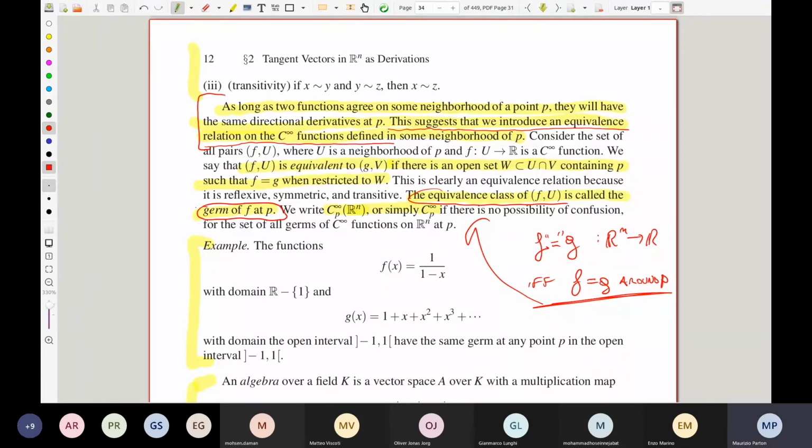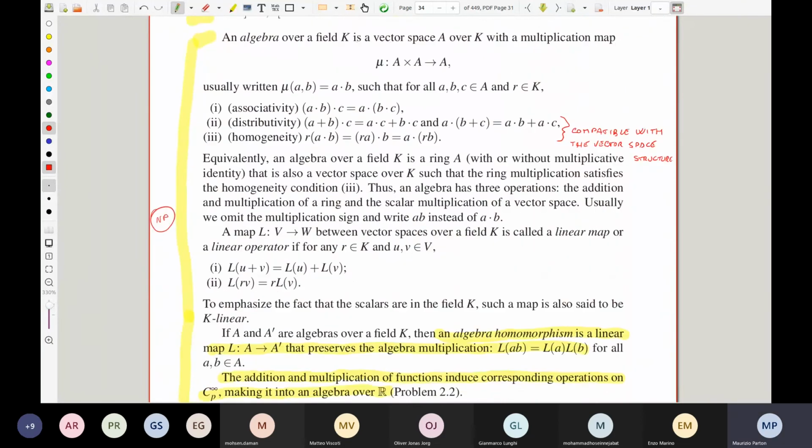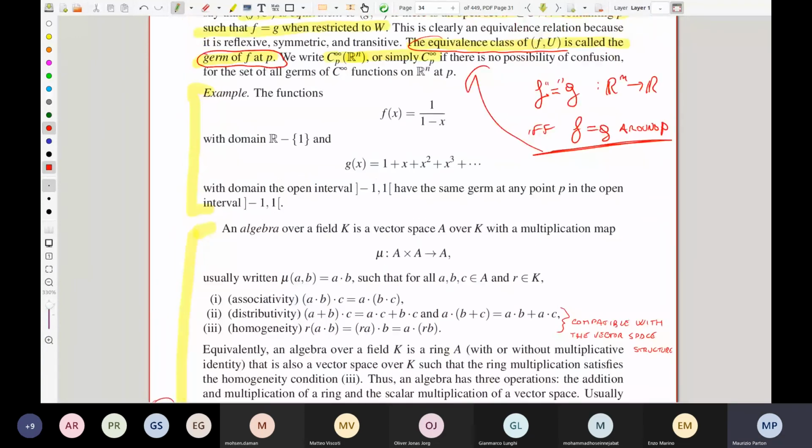And so what I'm telling you is that what I told you before was that the derivation along a vector V is acting not on C infinity functions on Rn, but on the germs of these functions.